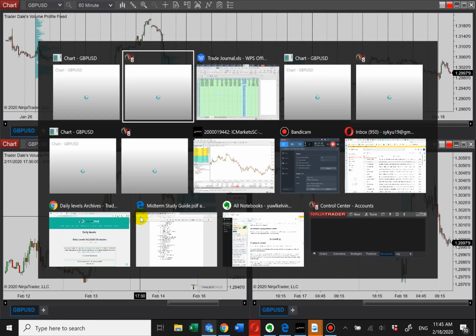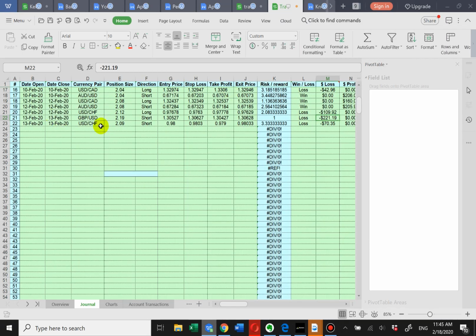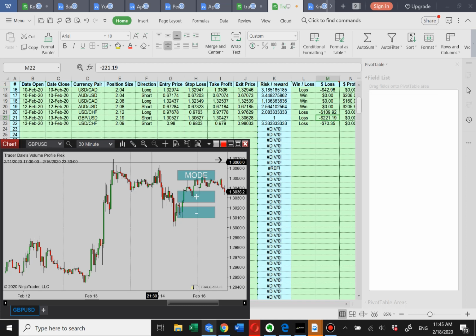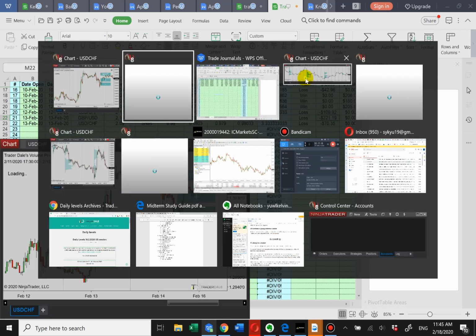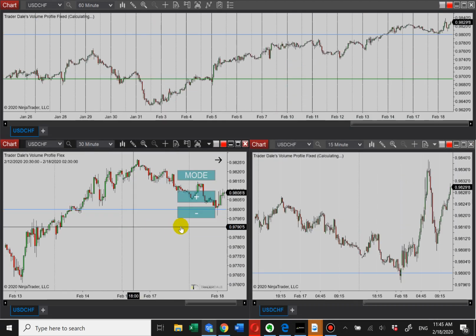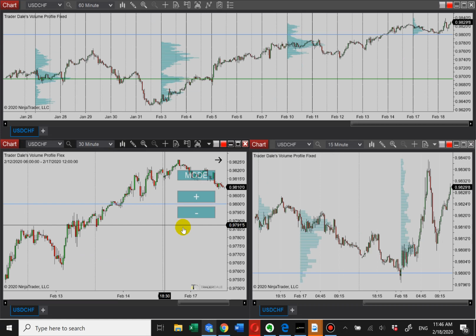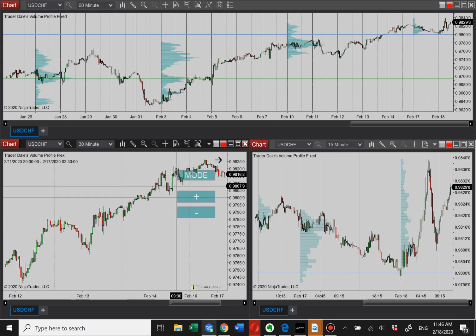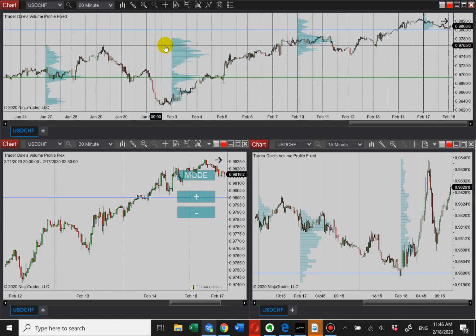All right, last one would be USD Swiss franc again, 0.98 USD Swiss franc. So this was a trade right here, and there was a really old level.